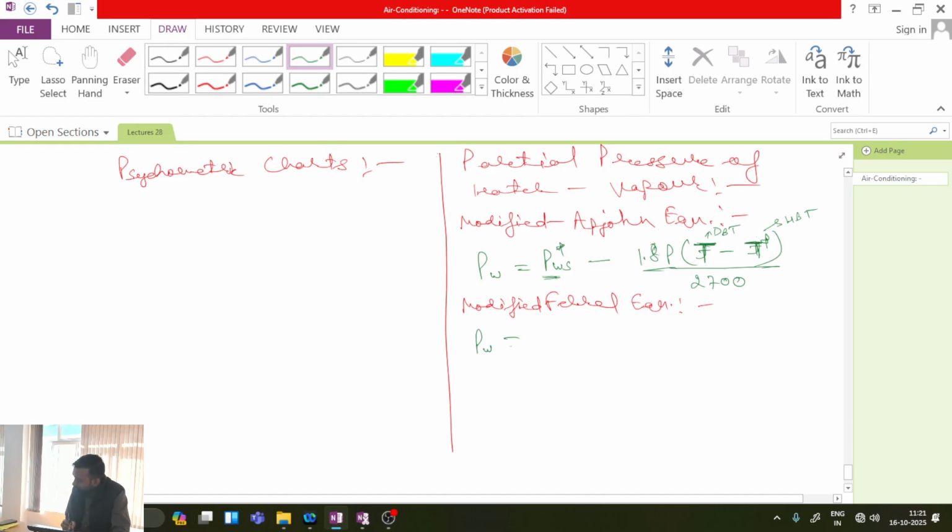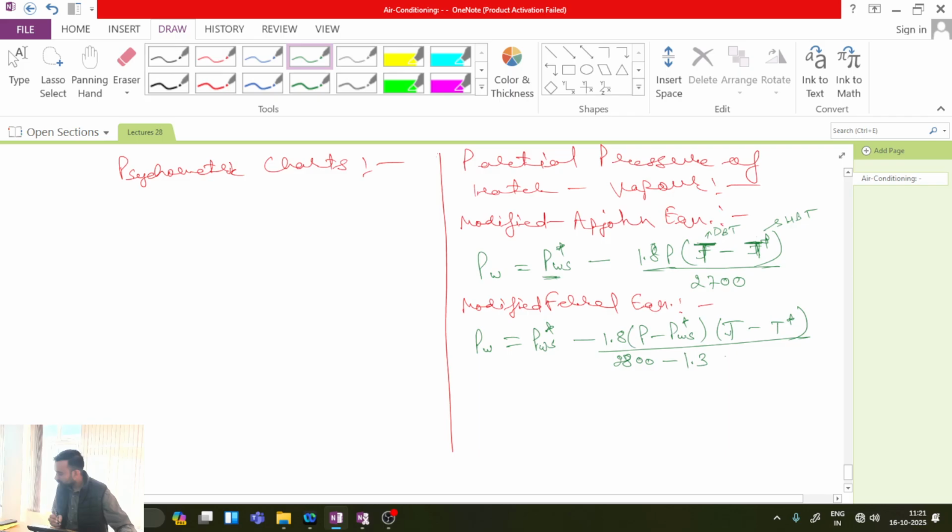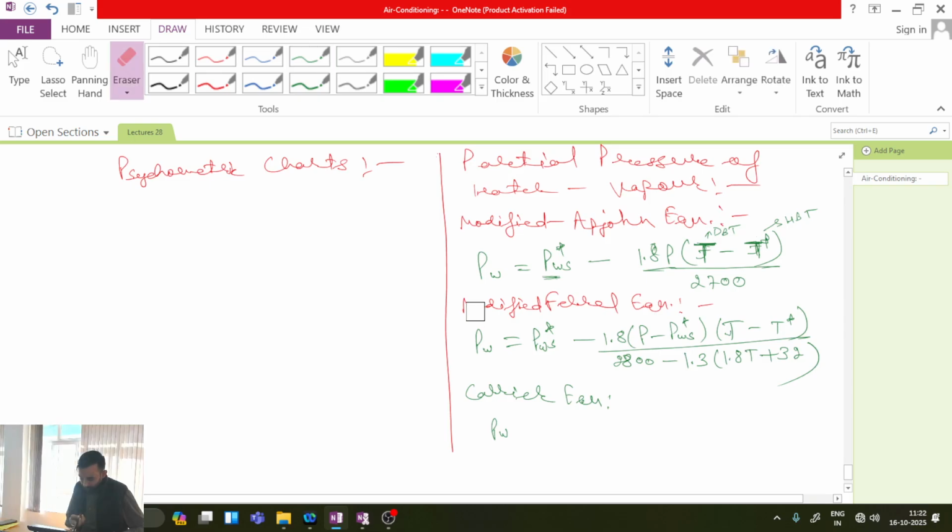This is PW equal to PWS star minus 1.8 into P minus PWS star into T minus T star, and the third equation is... sorry, let me make this correction.